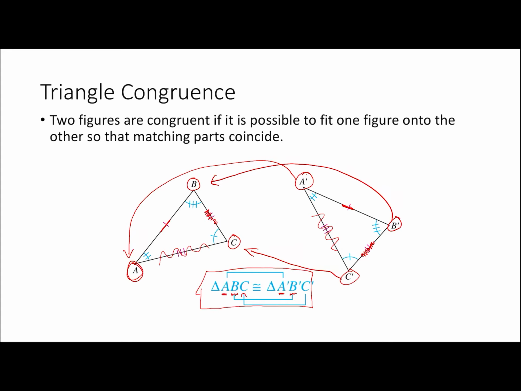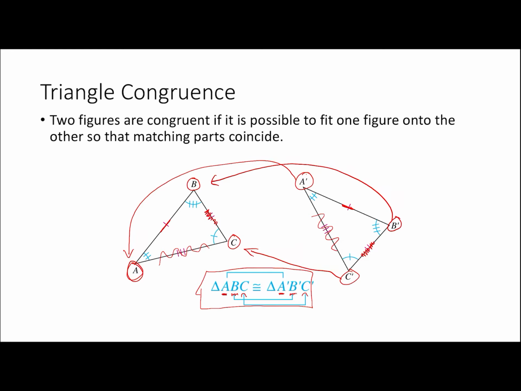So when you look at this notation down here, the first angle and the first angle there have to be congruent. So angle A is congruent to angle A prime. And then angle B is congruent to angle B prime. And angle C is congruent to angle C prime.